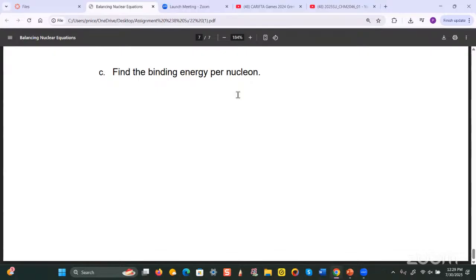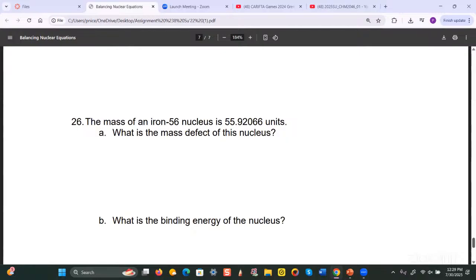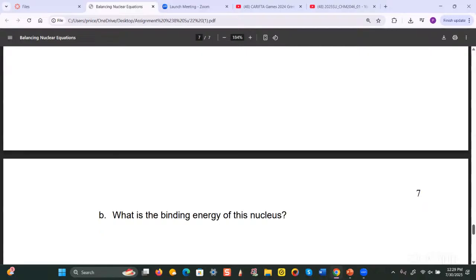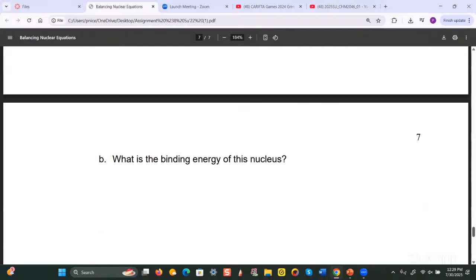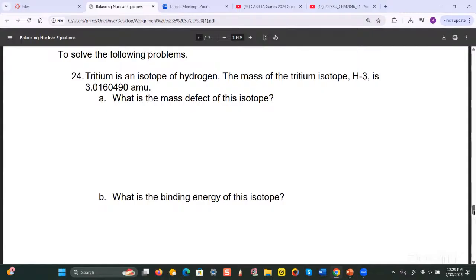For 24 though, when you did A, you just got to C. You found the binding energy per nucleon, but you used the mass defect over the number of nucleons before finding the binding energy. Oh, I did? Use the value from A. Okay, hold on. For sure, I found the mass defect first, right? Let me see if I have it here. You did, you just didn't scroll down, you did it above it. Oh, okay.